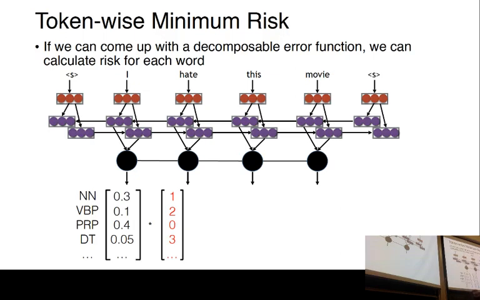PRB, the personal pronoun, is the correct one for this task. If you think of the whole CRF, the standard training would be just maximizing the correct path. Now what you can do is maximize the correct path, but also minimize the probabilities of all the other wrong paths.